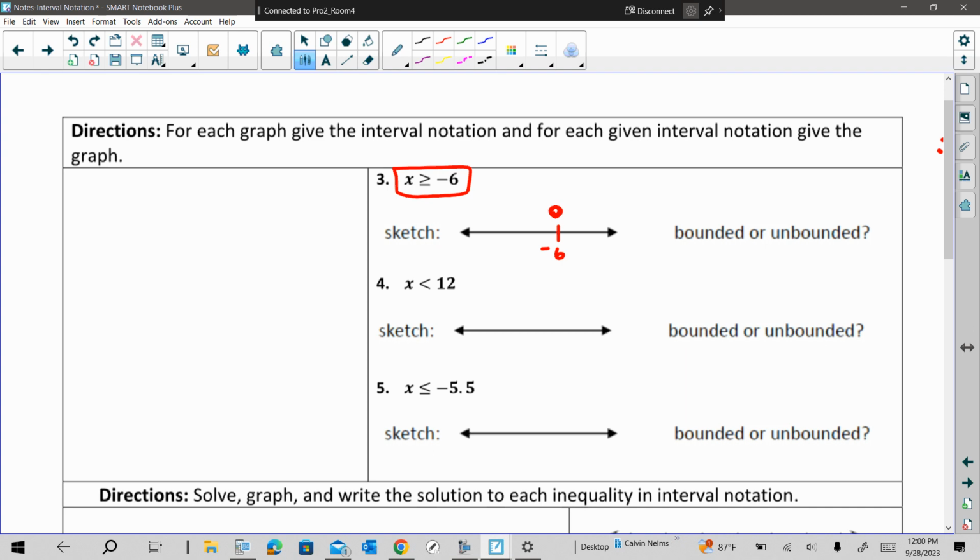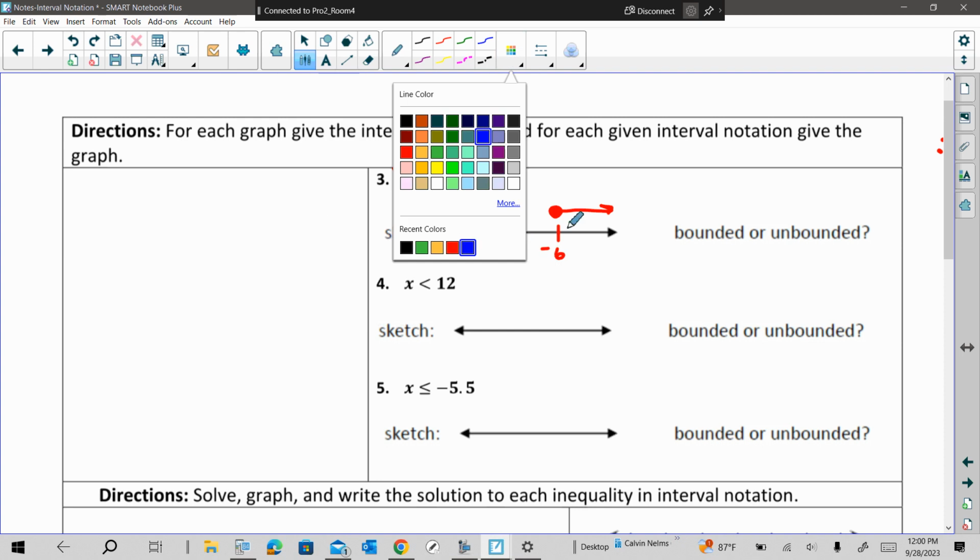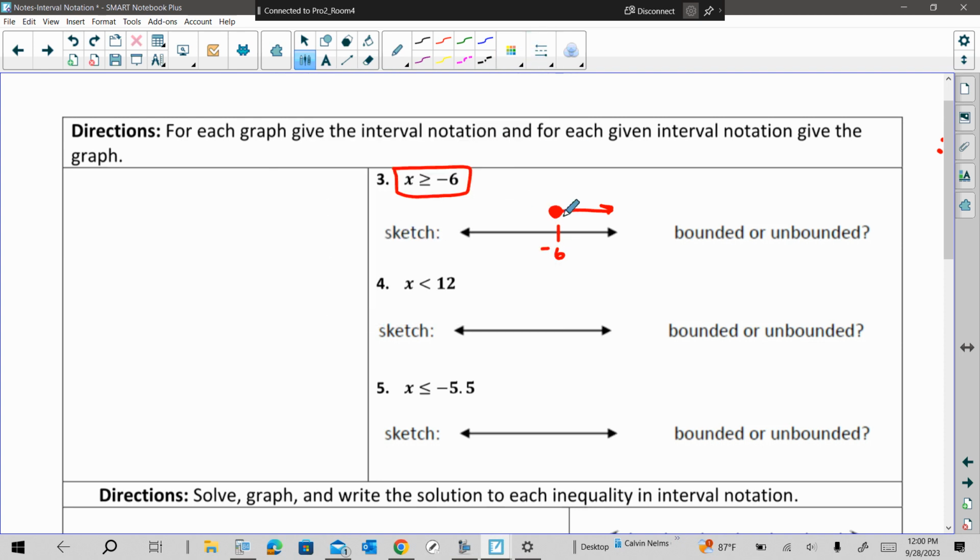It's going to be closed because of that inequality and pointing to the left. When I do my interval notation, this is where it starts at the closed circle. It ends at negative infinity. Since it's starting at a closed circle, that's going to be bracket -6, comma, negative infinity, parentheses.